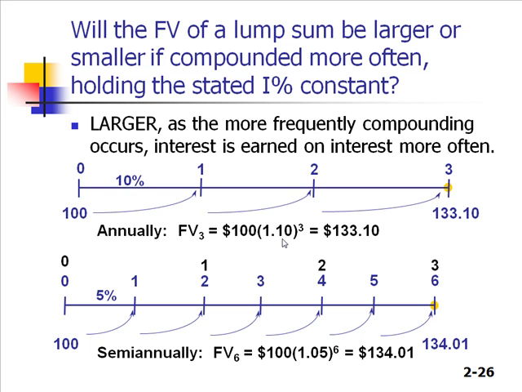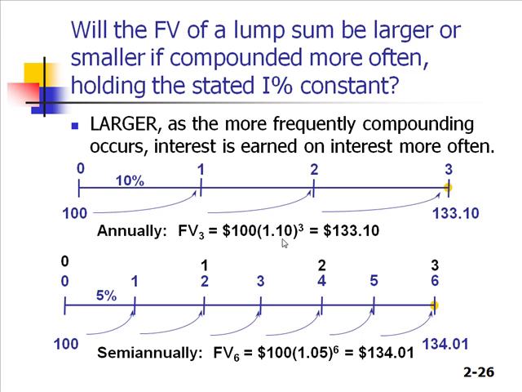Well, if the annual interest rate is 10%, then the semi-annual rate would be half that, or 5%. And we would no longer have 3 periods, we'd have 6, because if you look at a 3-year time frame and you count the number of half years in that time frame, obviously that's twice as many, or 6.